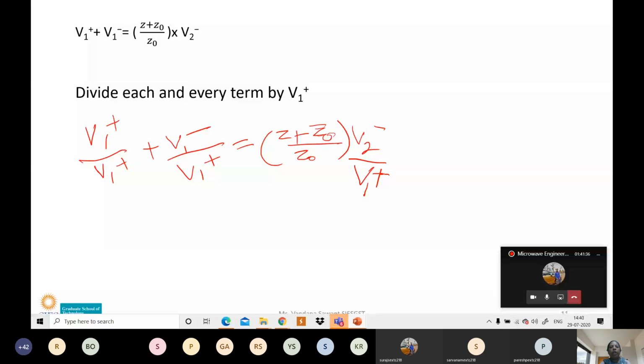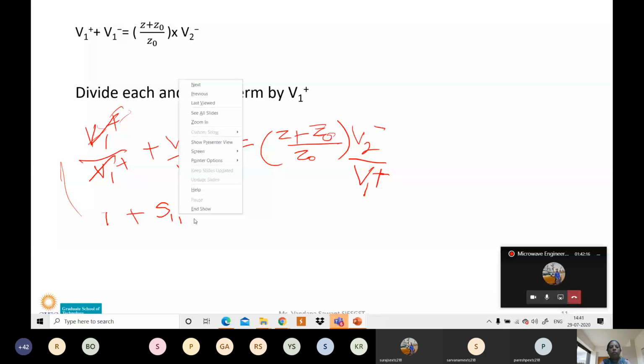If I am dividing each and every term by V1 plus, this V1 plus divided by V1 plus will get cancelled. The next term is V1 minus divided by V1 plus. What does this indicate? Which S parameter is it? You don't remember. It is S11: output voltage at port 1 divided by input voltage at port 1, that is equal to S11.